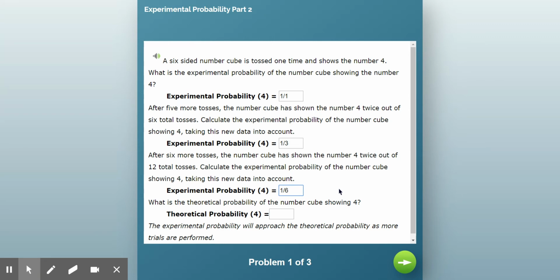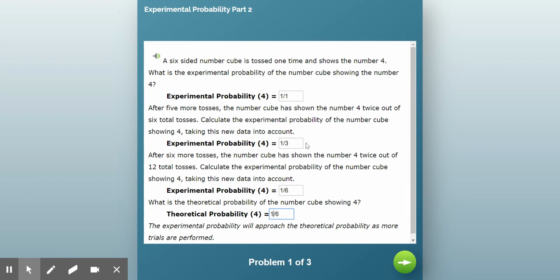Now let's talk about theoretical probability. Remember, theoretical probability is only based on the number of outcomes. So what is the theoretical probability of the number cube showing 4? Well, there are 6 total outcomes, right? And how many 4s are on that number cube? There's only 1. Now, I want you to look at the progression. Just doing the experiment once didn't help us.